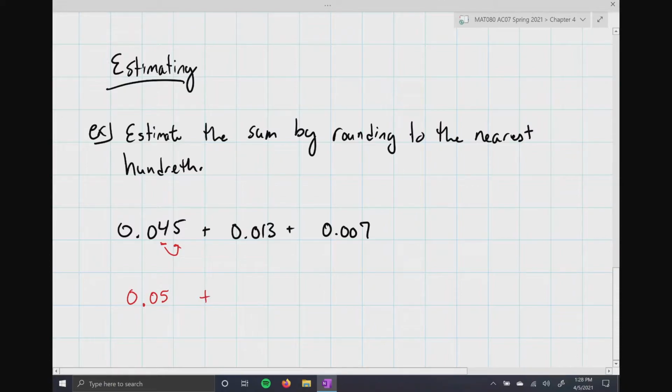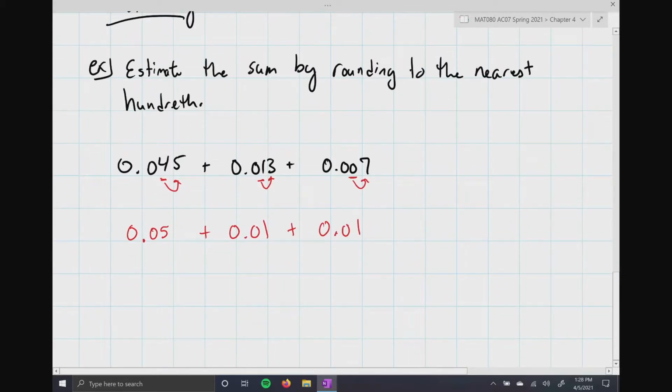Plus, underline the hundredth position, look to the right. That's going to be 0.01. And then lastly, for the 0.007, underline the 0, look to the right. That's going to round up to 0.01.